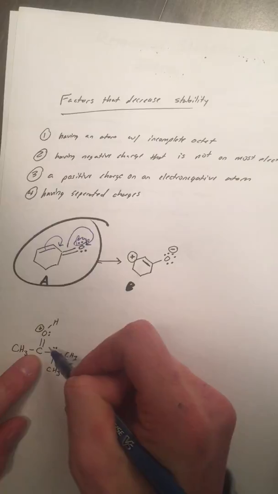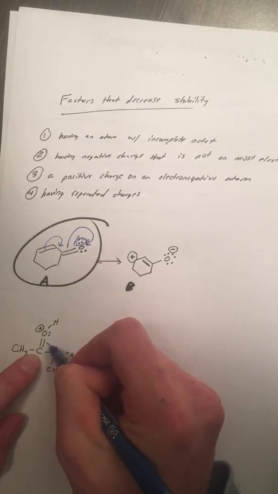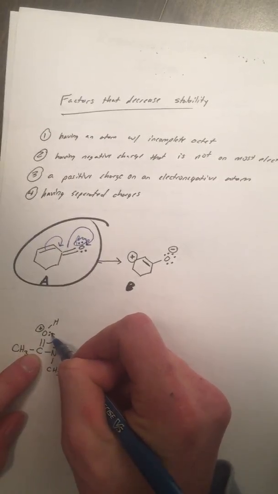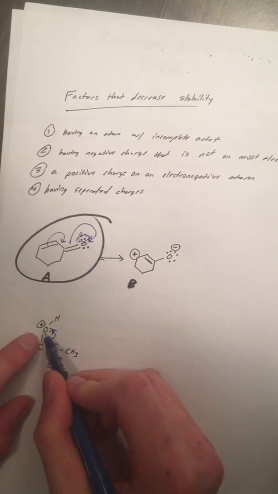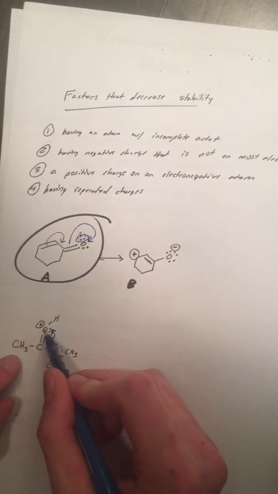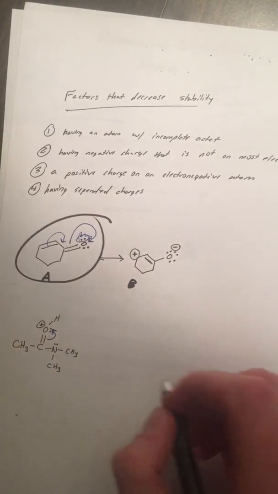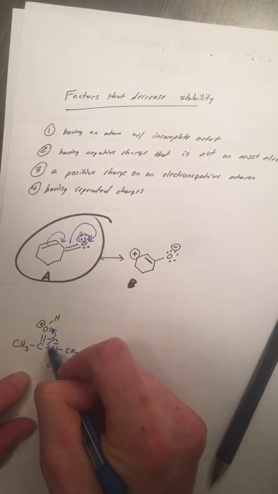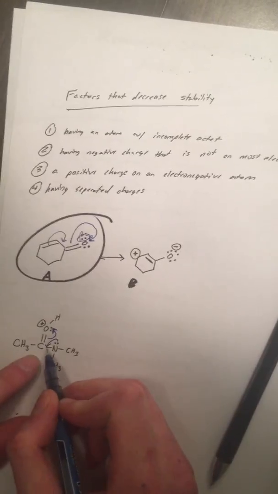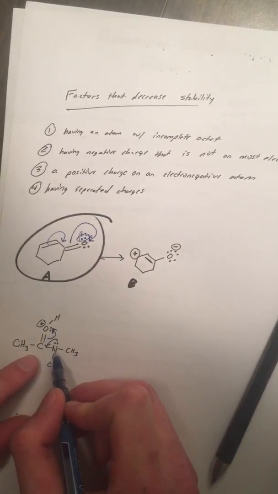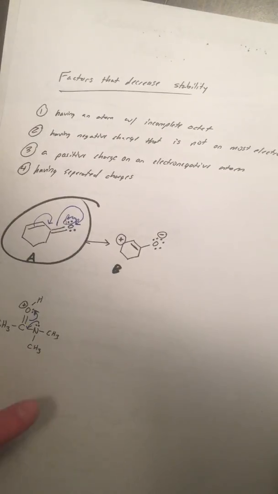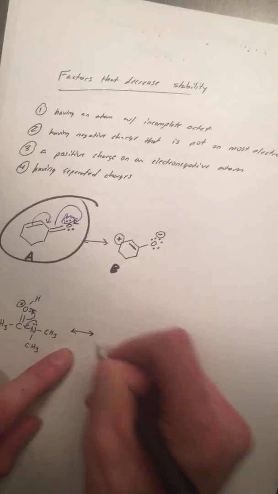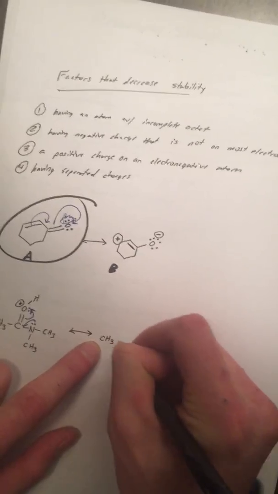Let's try to move this pi bond onto this oxygen to neutralize this positive charge right here. And then at that point, we can move this lone pair to make a double bond between the nitrogen and carbon.